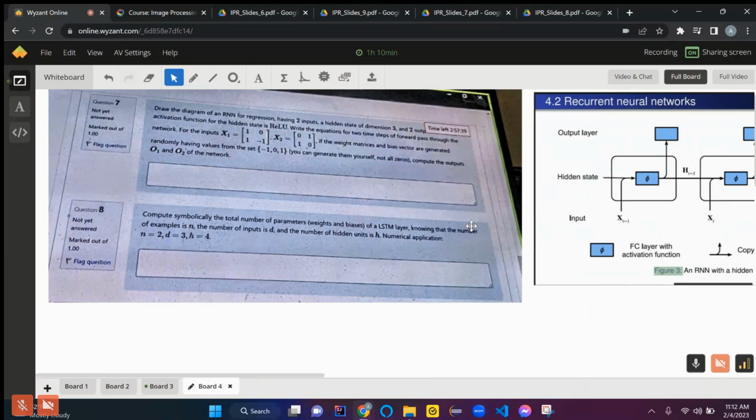I'm just looking to see how other people draw these hidden states when they've got multiple things inside them. Because I guess that's only showing one hidden state in a way.